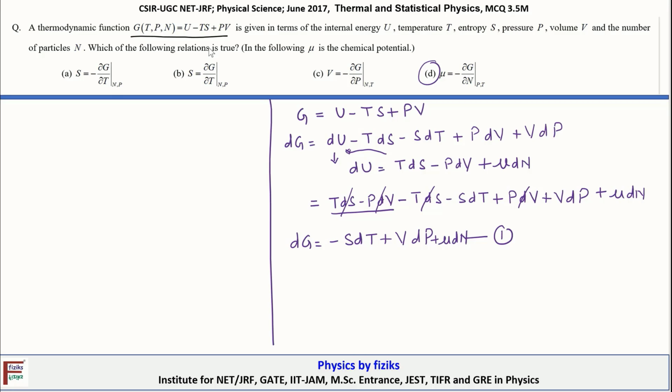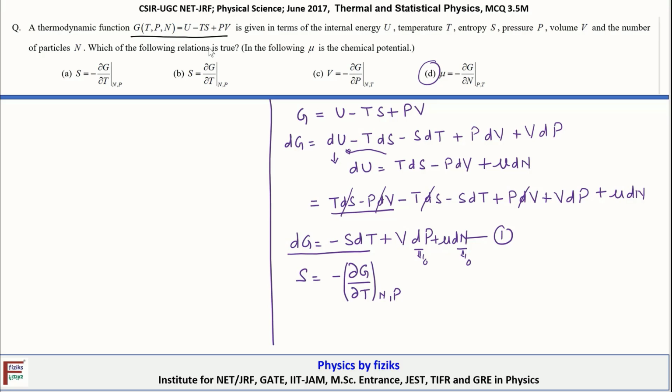Okay, so from here we note that S is equal to minus dG by dT if we keep pressure and number of particles constant. So by keeping N and P constant, S will be how much? Just take a look at this. The other terms will be 0 when pressure and number of particles are constant.